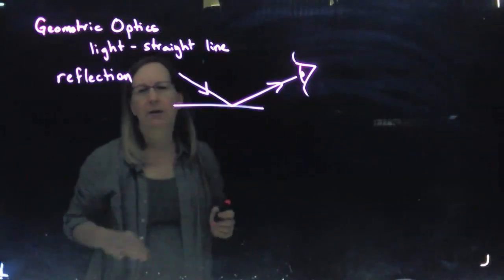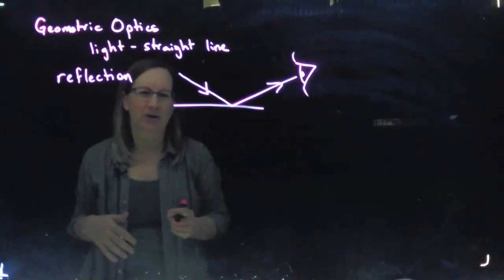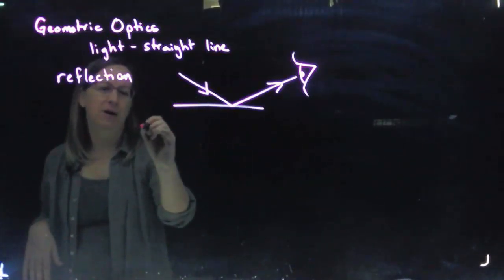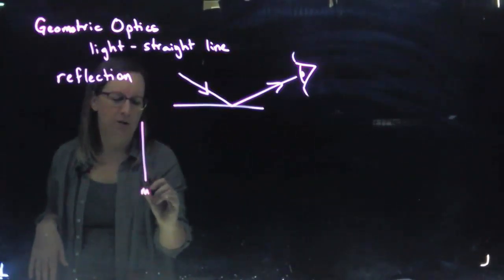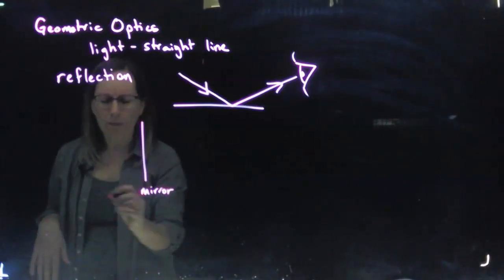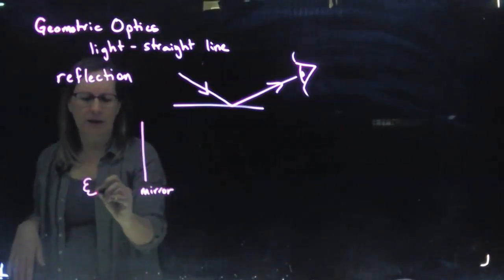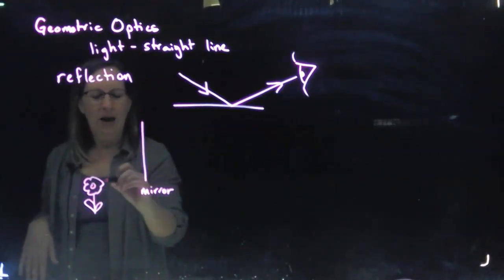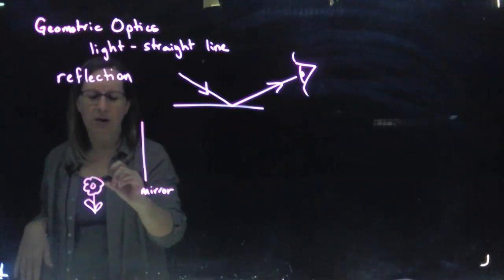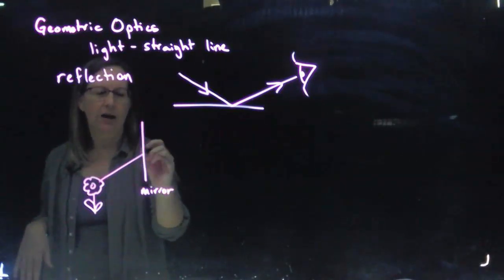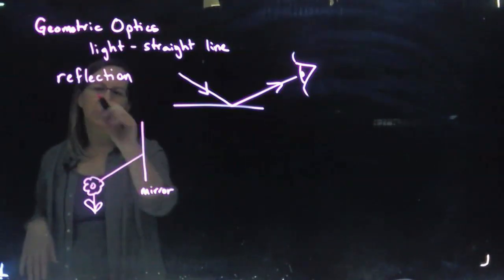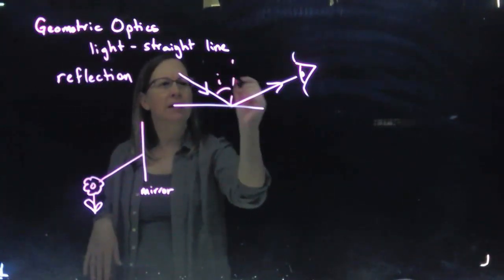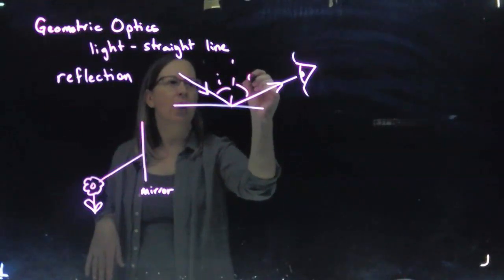And so our very common experience of this is with mirrors. And so if we're looking at something in a mirror, so we set up a mirror here. So this is my mirror. And we have, say, something down here, a flower, for example. And we have light that comes from some section of the flower, like here. And then what we're interested in when we have reflections, we say we have the same angle in as comes out, the reflected.